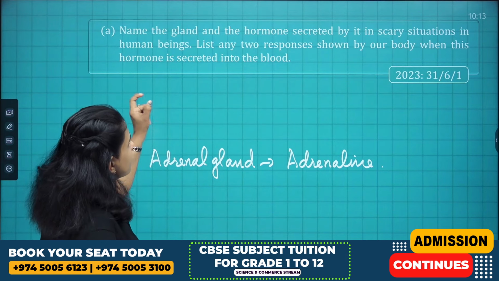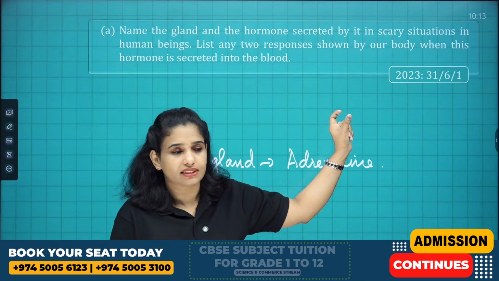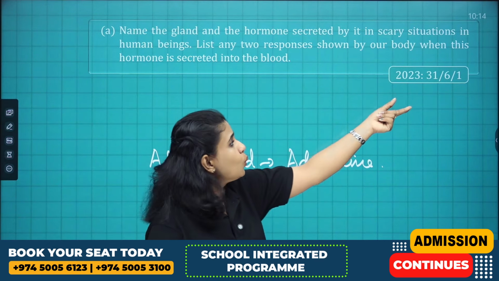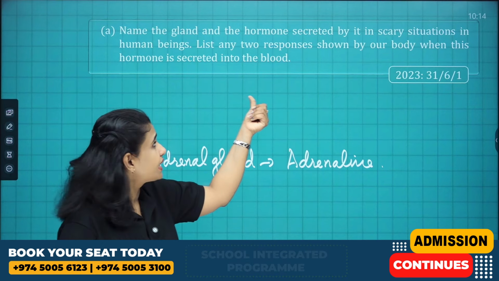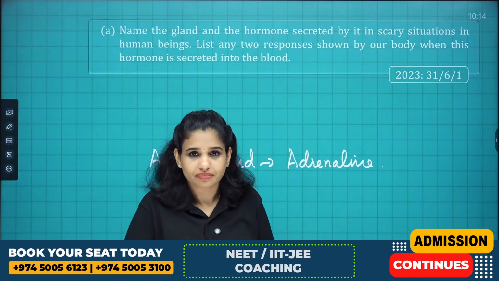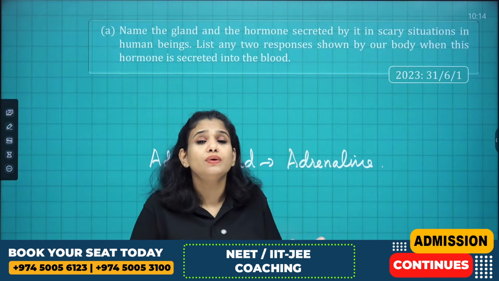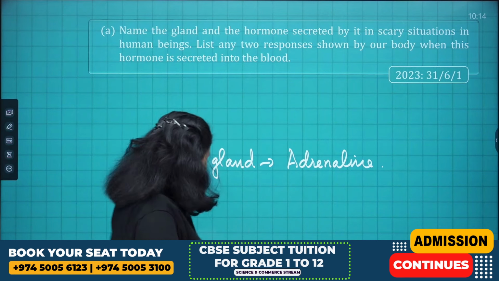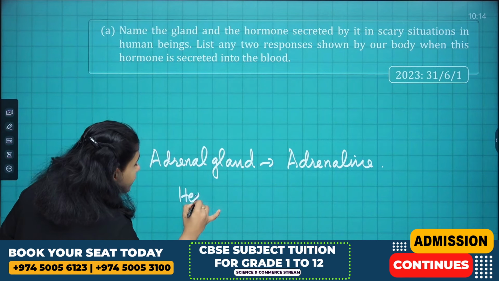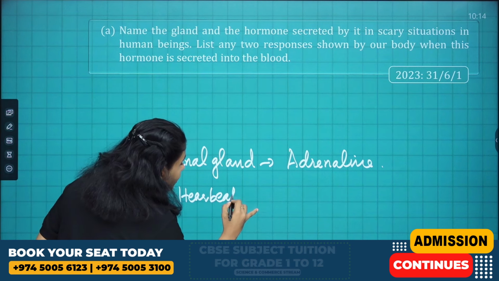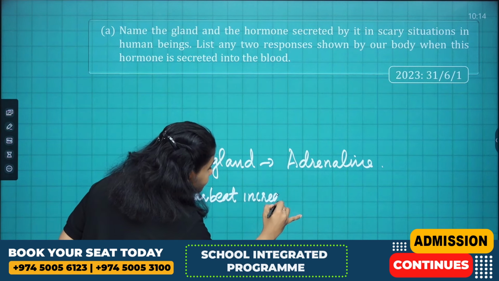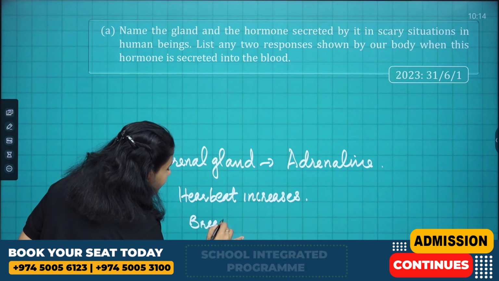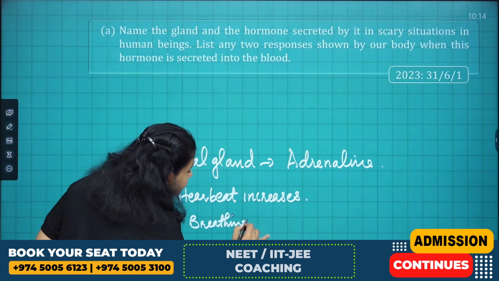Okay, list any two responses shown by our body when this hormone is secreted to our blood. When it is released to our blood, the heartbeat increases. Respiratory rate increases, breathing rate increases.